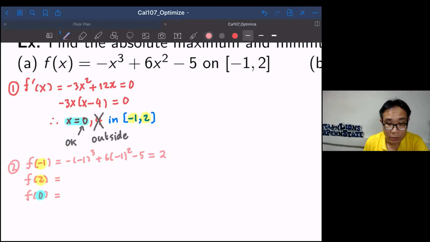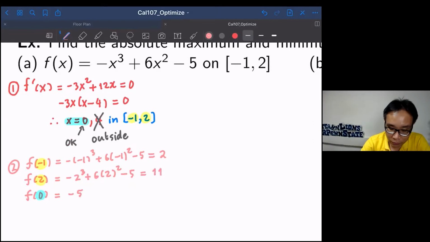Because you get 1 plus 1. And for 0 it's easy, it's going to be negative 5. And for 2, it's negative 8 plus 6 times 2 squared minus 5, so you get 24 minus 13, which is 11.